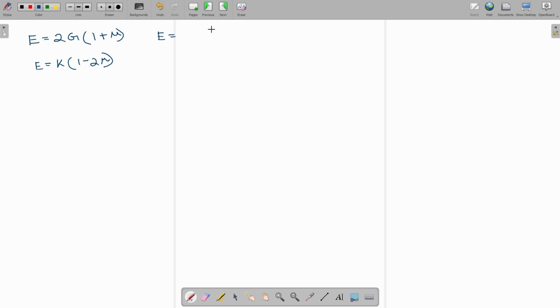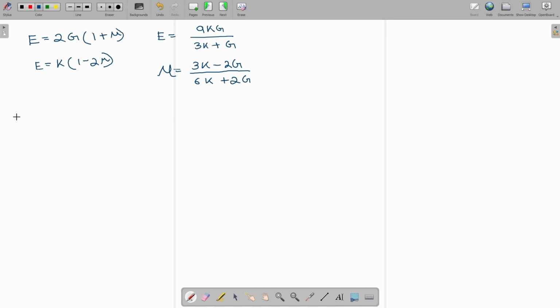Also, E can be written as 9KG by 3K plus G. Mu is equal to 3K minus 2G by 6K plus 2G.